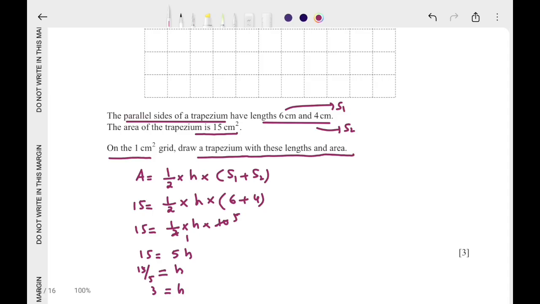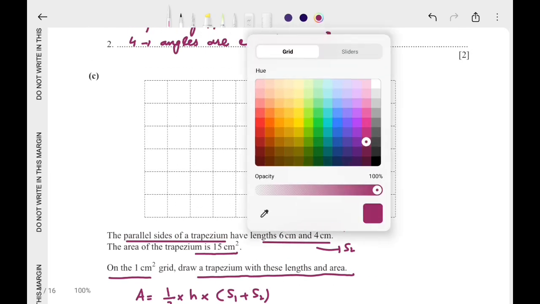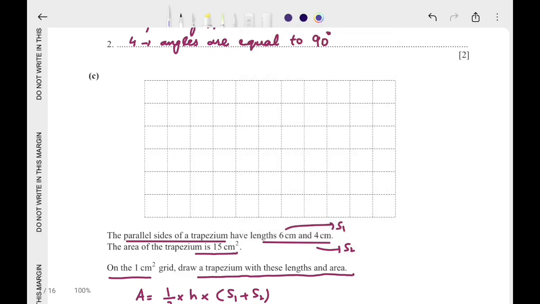Now we are going to draw. One parallel side is 6 centimeters and the other is 4. So we can draw 4 here, or 6, it's up to you. 1, 2, 3 and 4. And the height is 3: 1, 2 and 3.